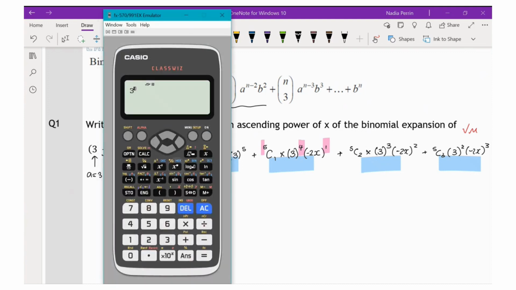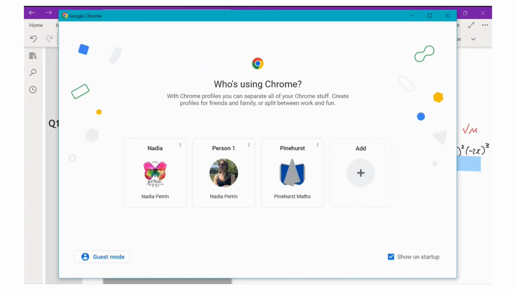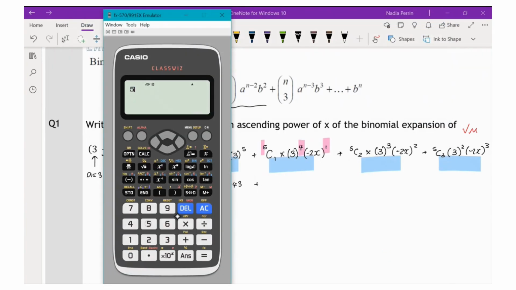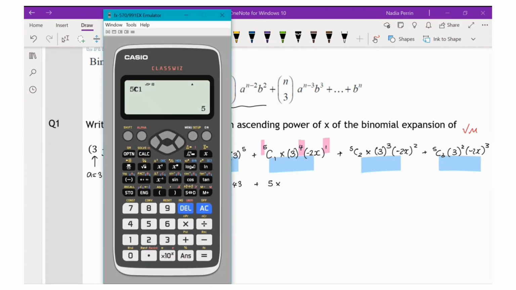So you're just going to be going 3 to the power of 5 is your first one. So we've got 243. And just remembering on your calculator, the nCr is this button underneath the AC. So you're going to go shift like that. And that will give you what the number is. I usually do this nice and slowly to try and avoid making mistakes.